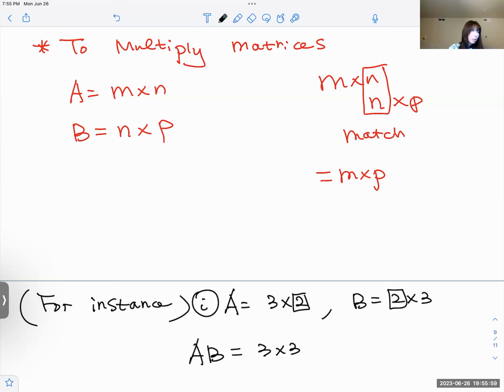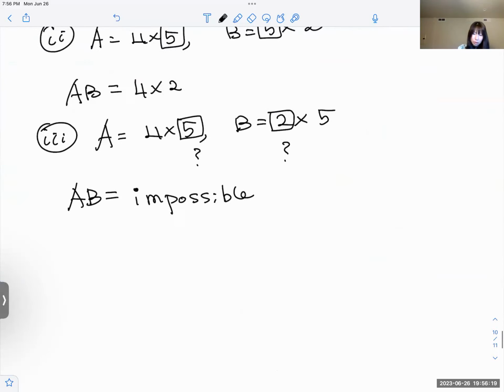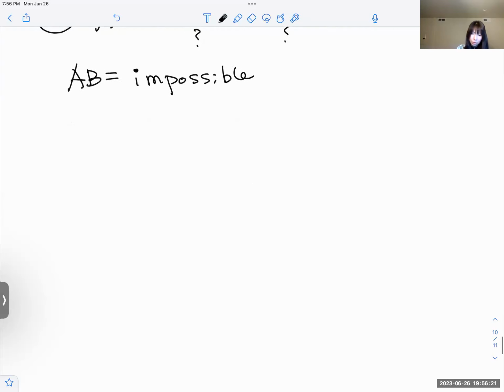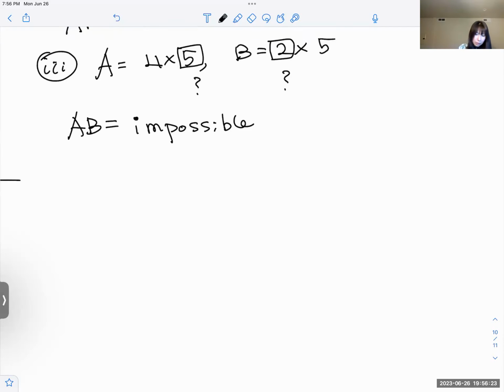All right. We're going to learn more about multiplying two matrices, but let us do one more just today, and then we do the rest next time.